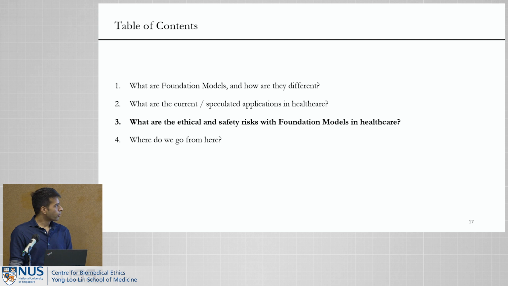I think before we go and talk about the specific risks, it's important to think a little bit about one of the key risks that was in previous AI or machine learning models, which has only blown up even more with this: risks around explainability, risks around opacity, and the black box nature.